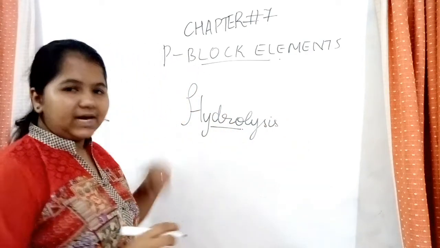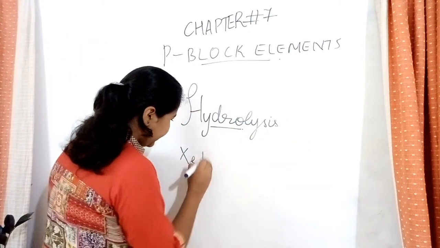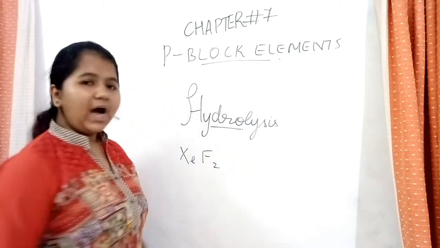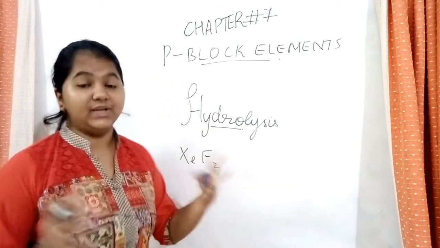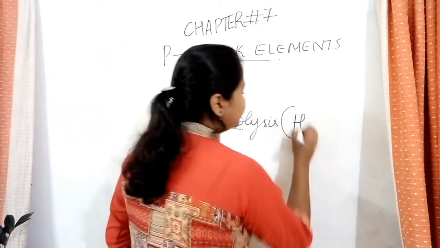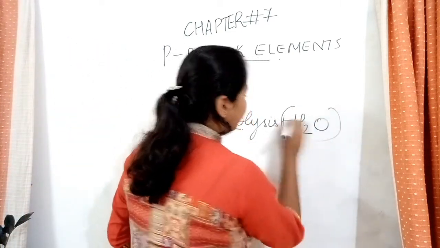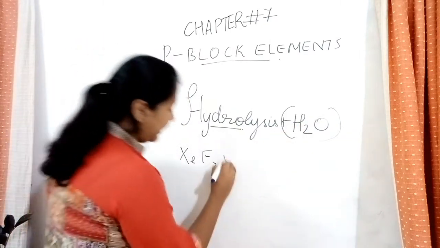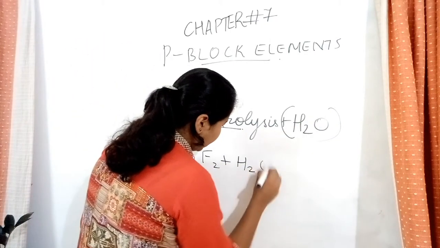So let's start with XeF2. How does a reaction undergo hydrolysis? There is water, so over here the addition of water is what is happening. We are adding water to this. So what is formed?